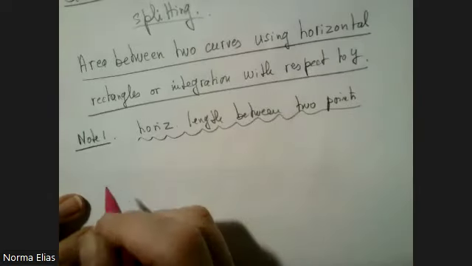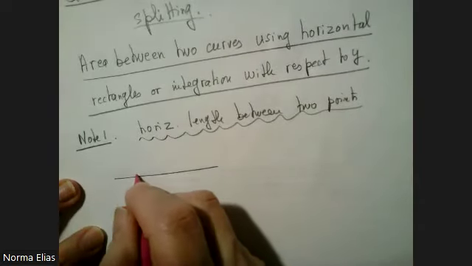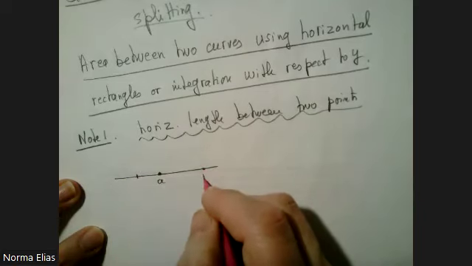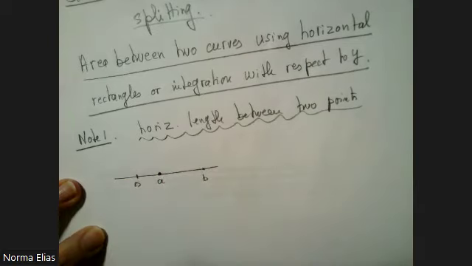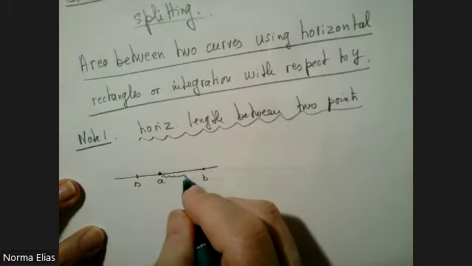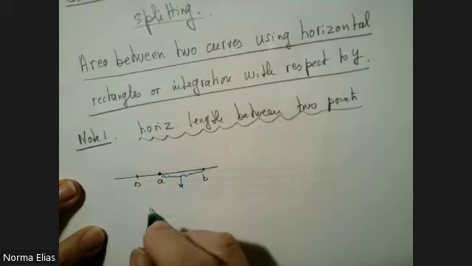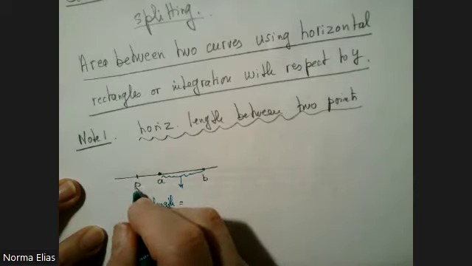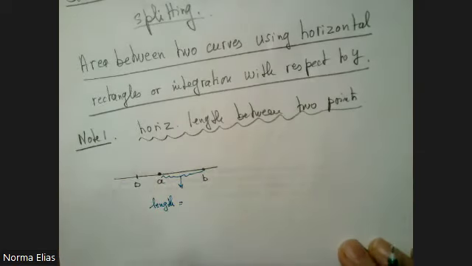Now the horizontal length. So I'm going to ask a very straightforward question. Suppose this is A and this is B, and this is 0 right here. What's the length from here to here? What's the length of this interval?